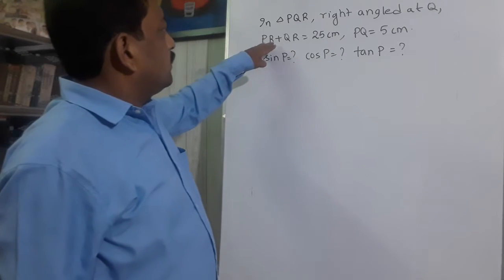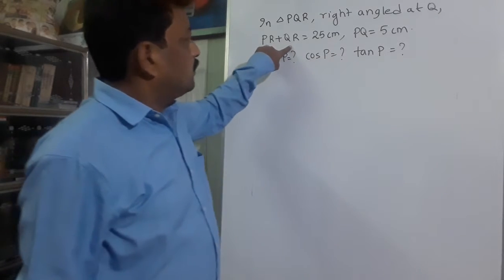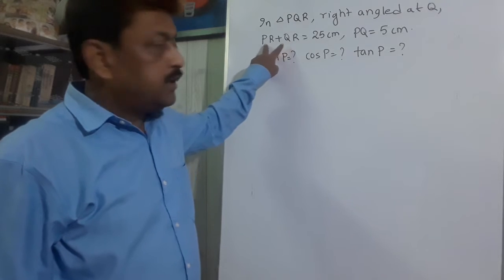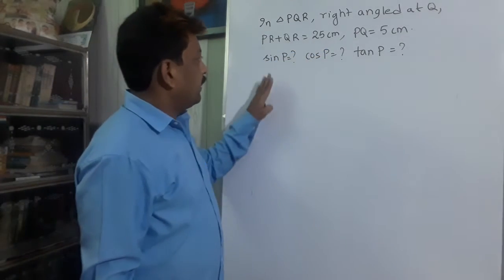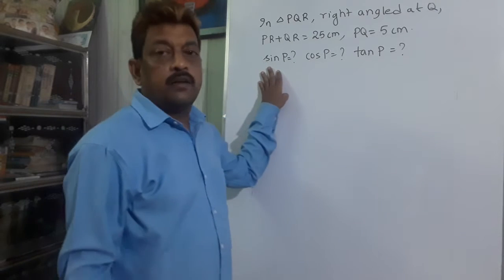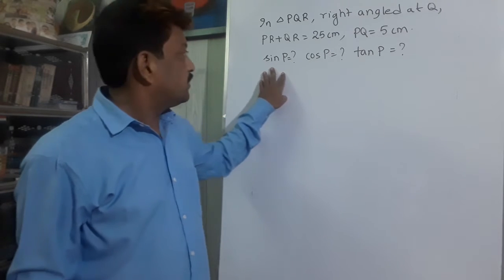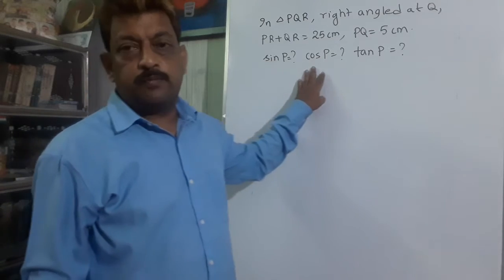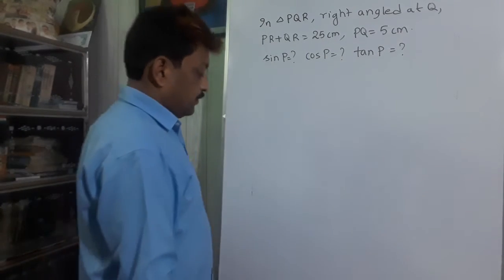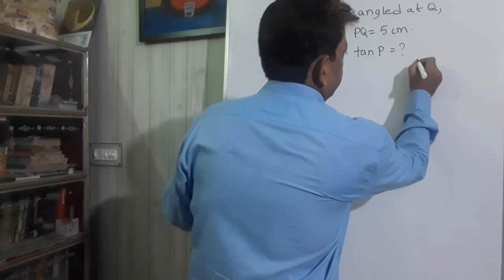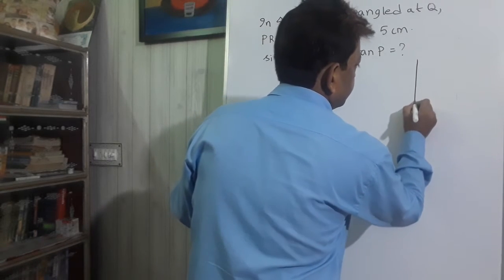So it is given that sum of these two sides PR and QR is equals to 25 centimeter, PQ is 5 centimeter, and we need to find the value of three trigonometric ratios, that is sin P, cos P and tan P. Okay. So first of all, diagram a right angle triangle.